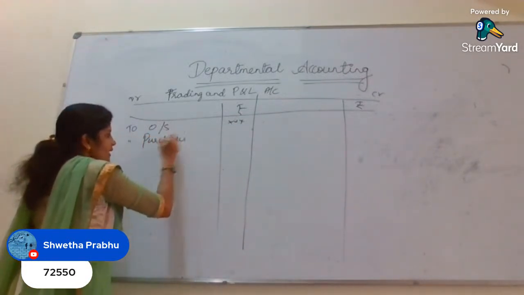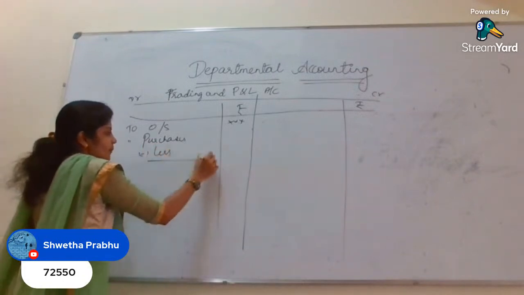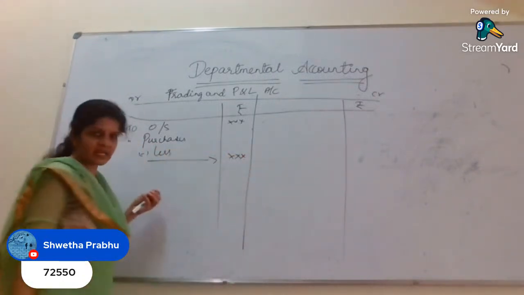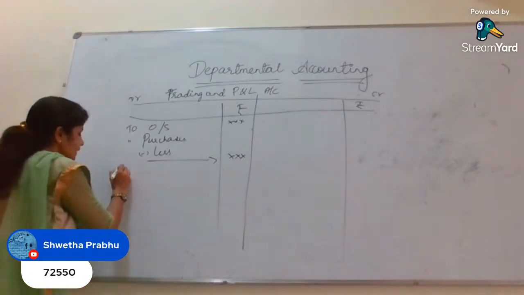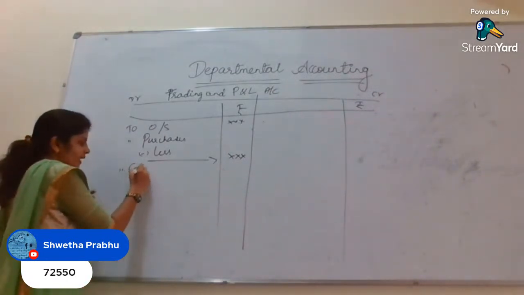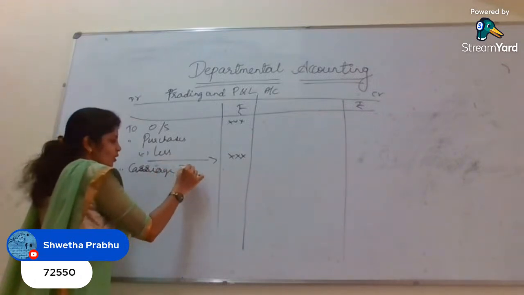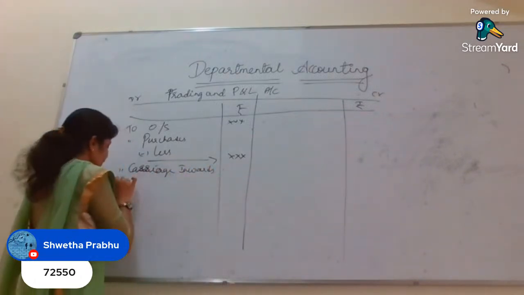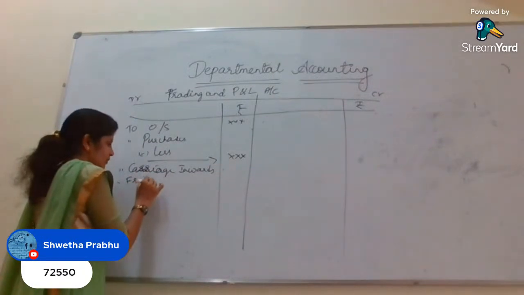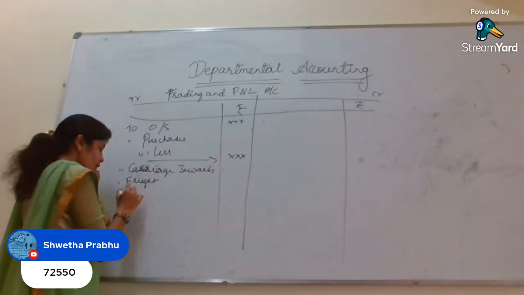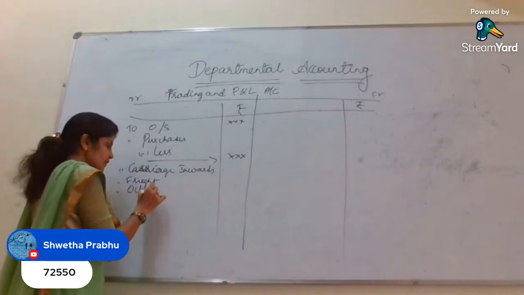If there is any return, less return, and the balance will be taken as net purchases to the outer column. Then to any carriage inwards, any freight, any import duty or octroi, etc. that has been paid.